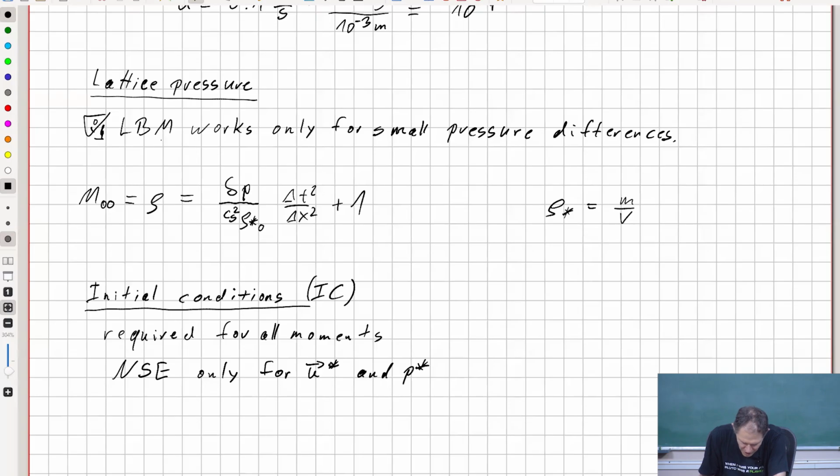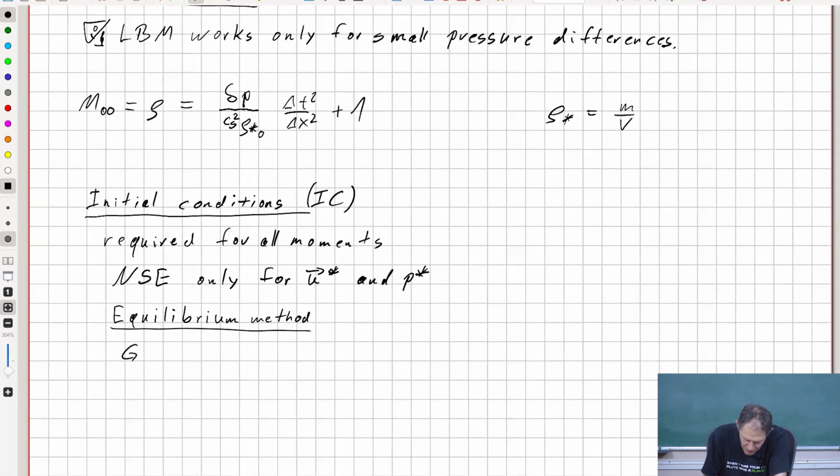So where do we get all these moments? The easiest and I guess still most common way of doing this is the so-called equilibrium method, which is pretty simple. Suppose we have the initial conditions that we would use in the Navier-Stokes equation, say a velocity at time 0 distributed over space, and rho distributed over space at time 0.